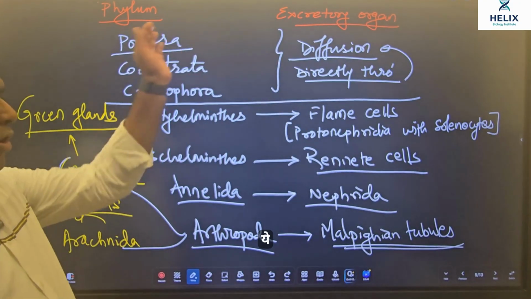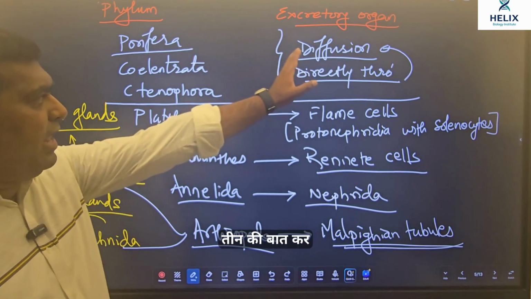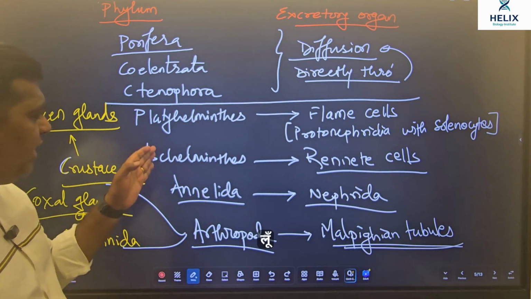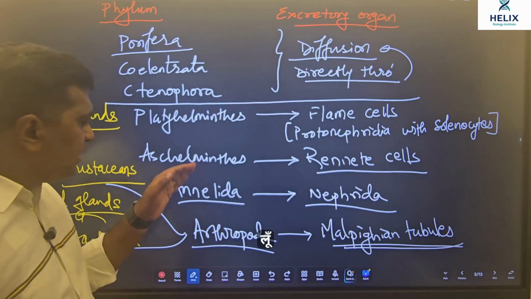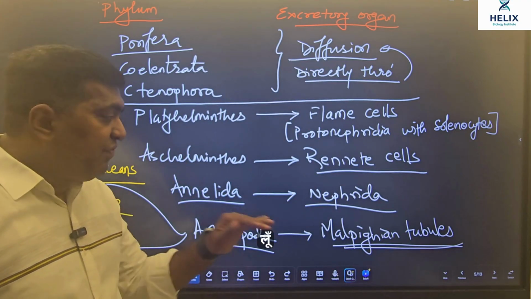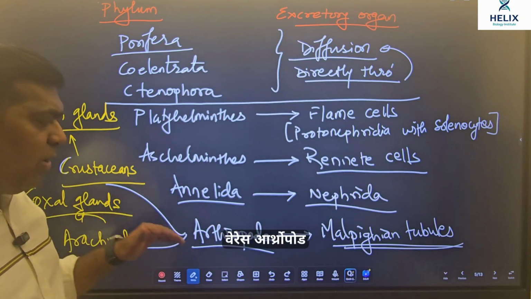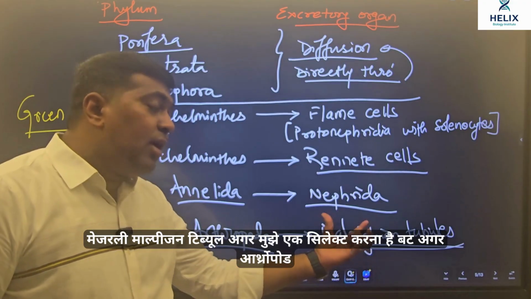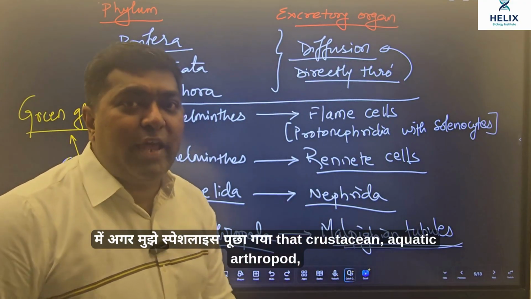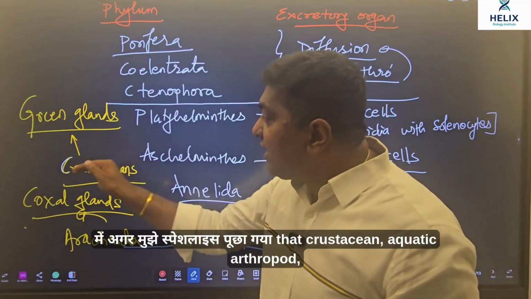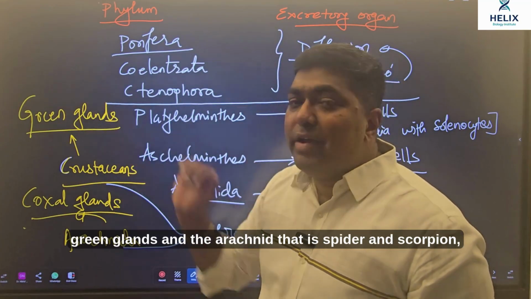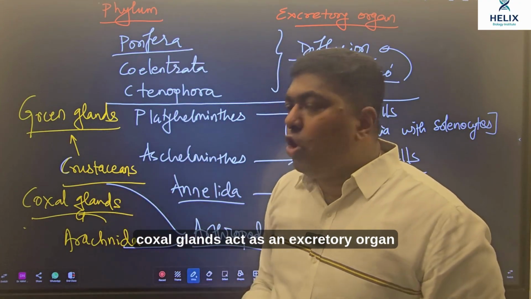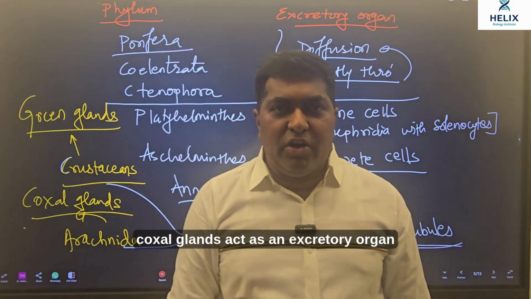So starting from Porifera, Coelenterata, Ctenophora, directly through diffusion; Platyhelminth, flame cells with Protonephridia; Aschelminth, renette cells; Annelida has nephridia as an excretory organ; whereas arthropod, majorly Malpighian tubule, if I have to select one. But if in arthropod I am asked to specify, then crustacean, aquatic arthropod, green glands, and the arachnid, that is spider and scorpion, coxal glands act as an excretory organ.